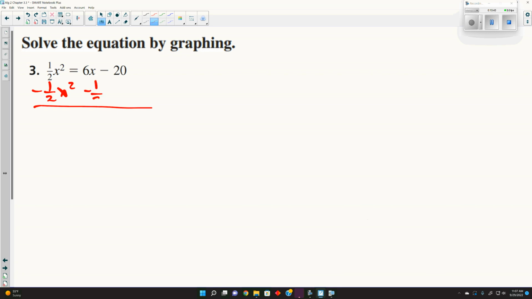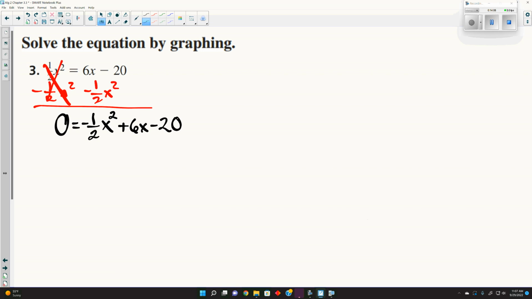We can subtract the 1/2 x squared, because this will become 0 is equal to negative 1/2 x squared plus 6x minus 20. Because whenever we graph these, we need these equal to 0.